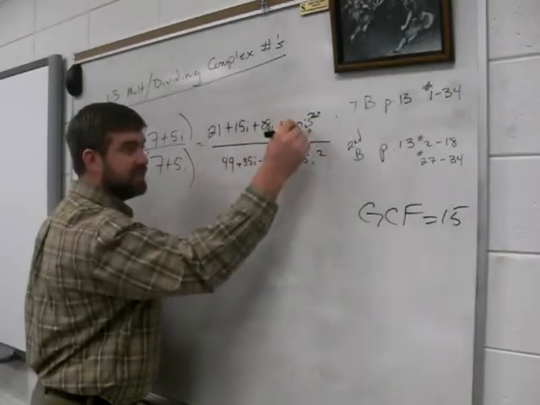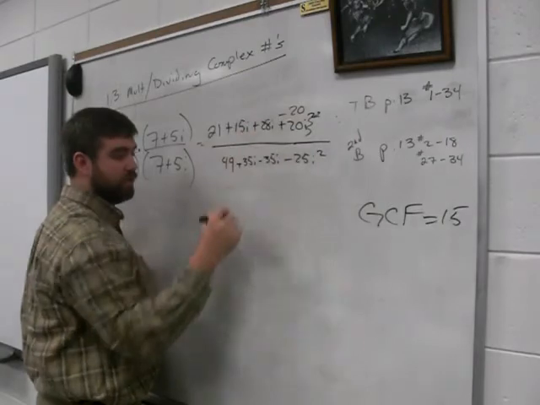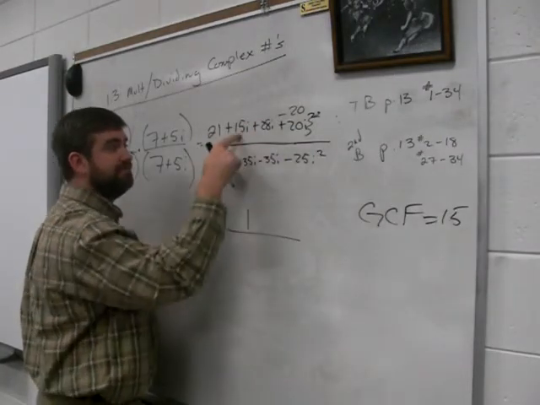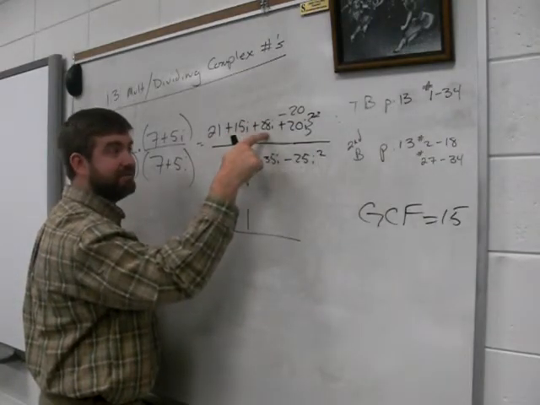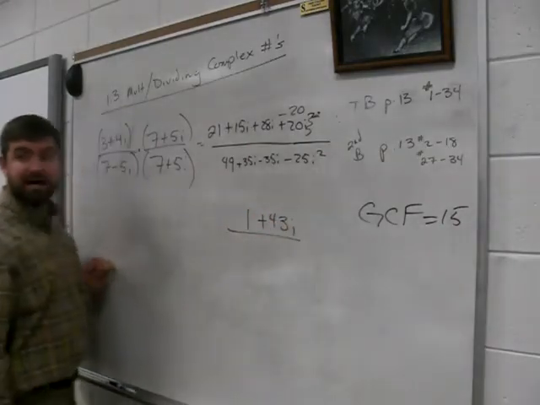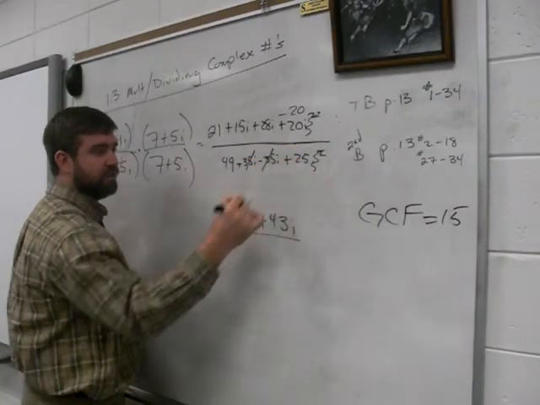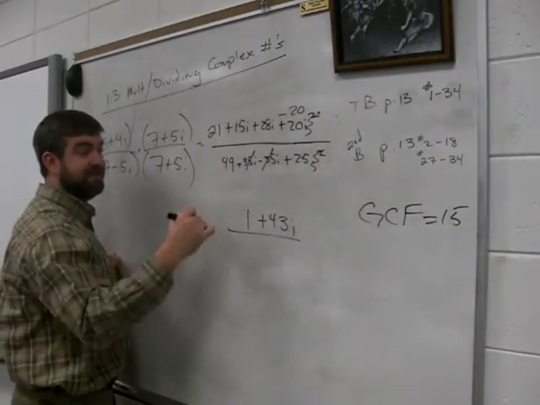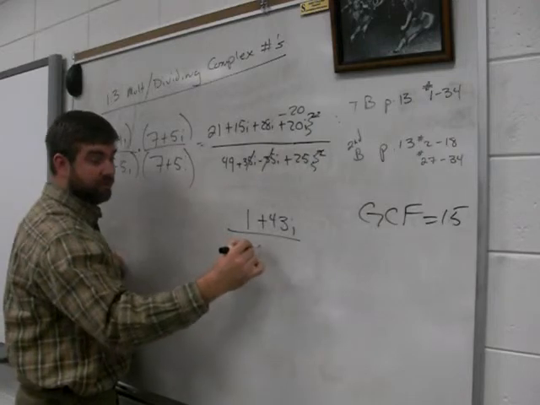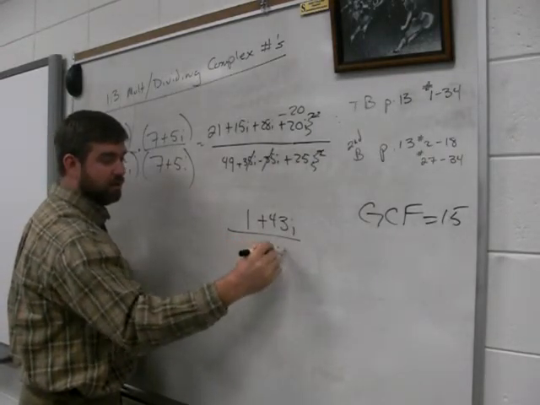I squared changes that 20 into being negative. 21 minus 20 is just positive 1. 15i and 28i is 43i on the top. On the bottom, these cancel out. This changes that 25 into being positive, so we get 74 on the bottom.